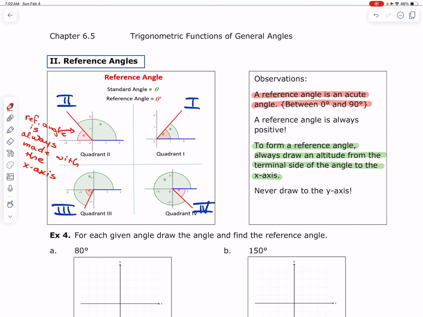So same thing here in our quadrant 3 angle. We have our big green angle that goes all the way into quadrant 3. But our reference angle here is just this angle made with the x-axis. In quadrant 4, again, the angle is made with the x-axis. It's what we're missing.